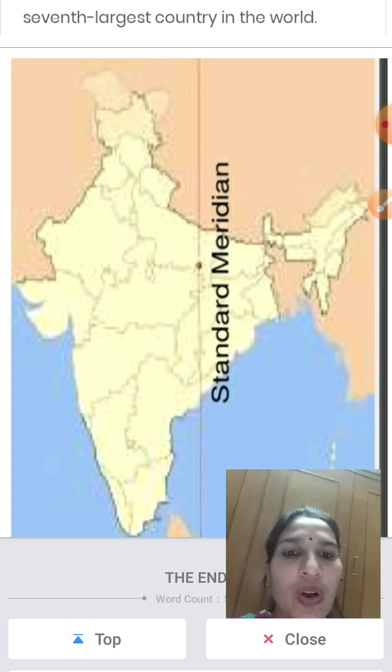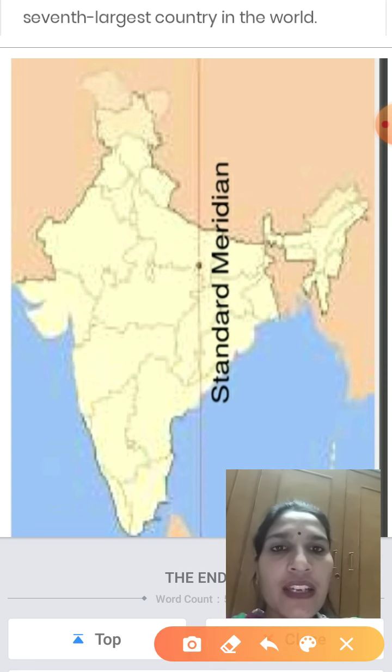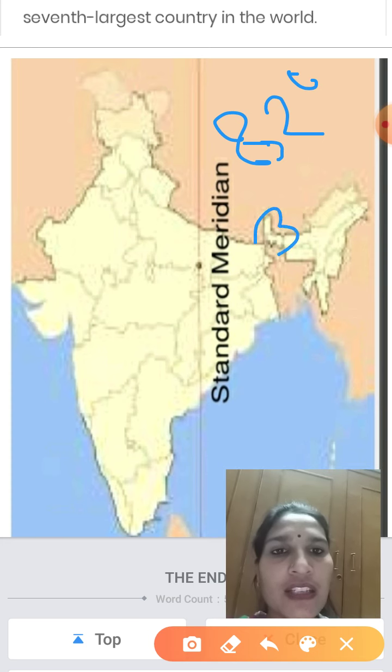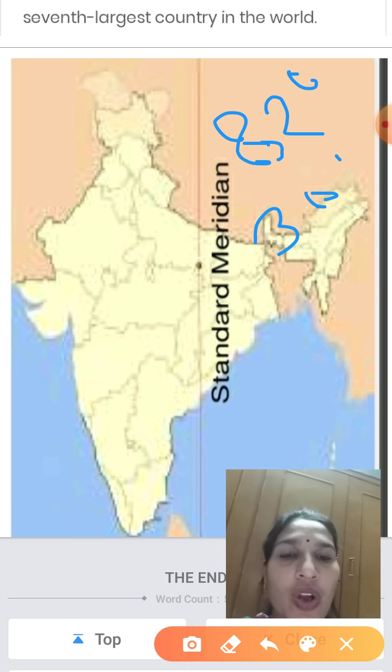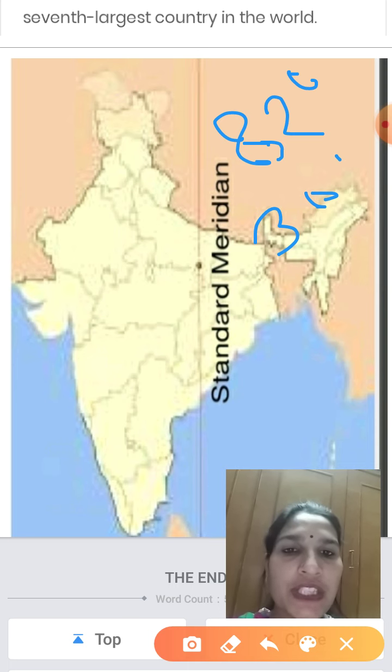The longitude of this standard meridian is 82 degree 30 minutes, or we can say 82 and a half degrees. It passes through UP, Mirzapur, Allahabad and Naini. It passes through other states also, but first it passes through UP.